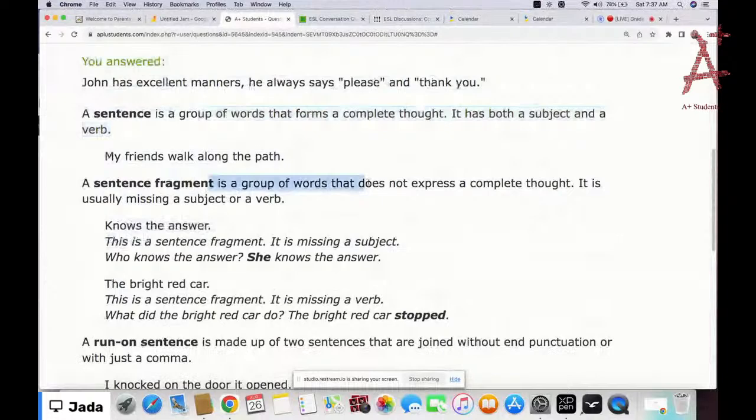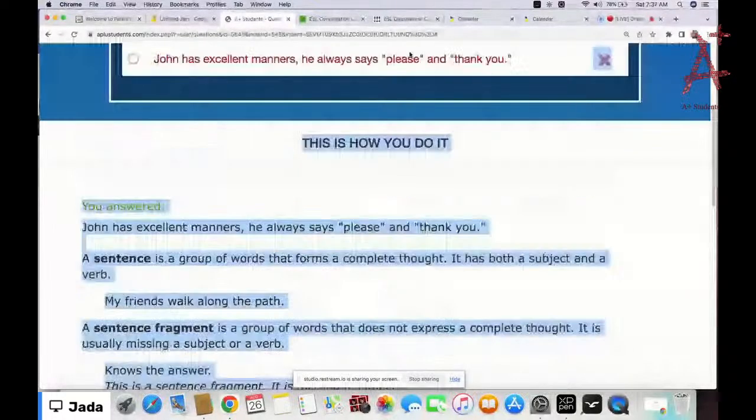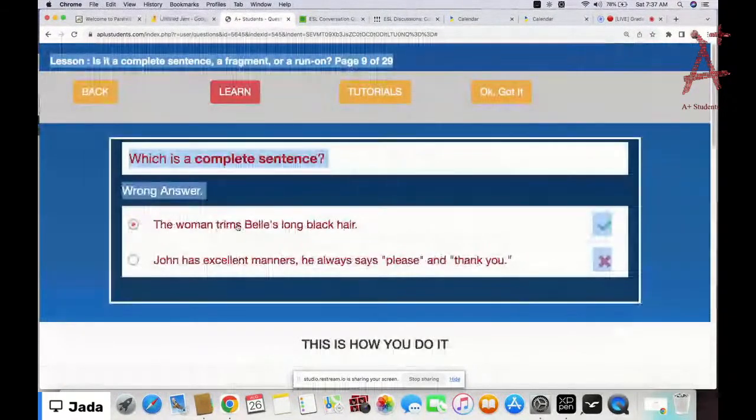The sentence fragment is a group of words that does not express a complete thought. It is usually missing a subject or verb. On the other hand, run on is made up of two sentences that are joined without an end punctuation or with just a comma. So this one here, this is the complete sentence.